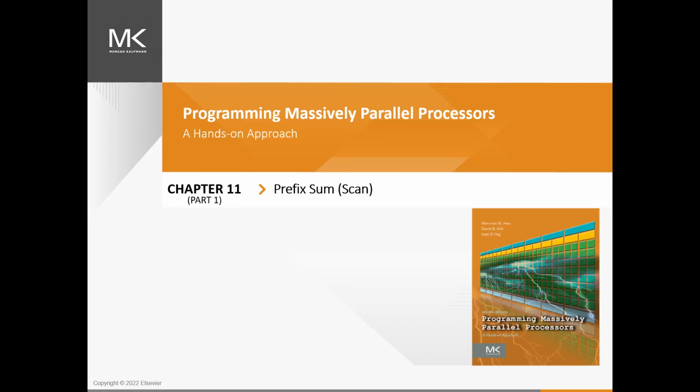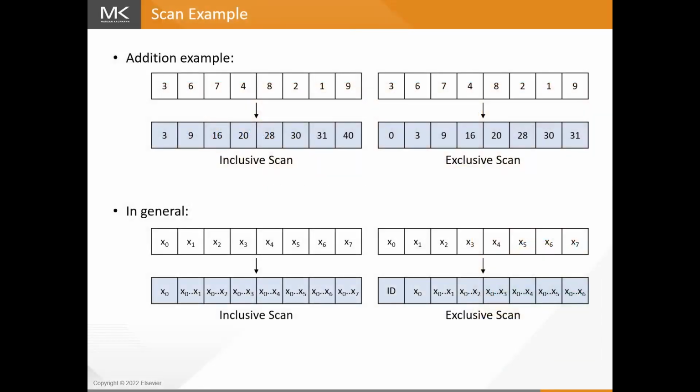Okay, so last time we started talking about scan, and we said scan is an operation where we take an input array and we apply some associative operator to get the output array, where every element in the output array is the operator applied to the corresponding element and all preceding elements in the input array.